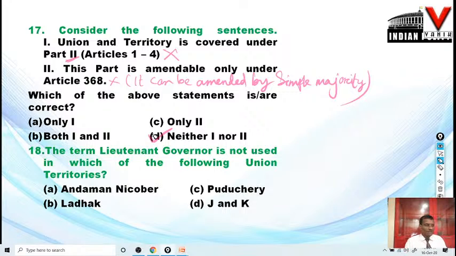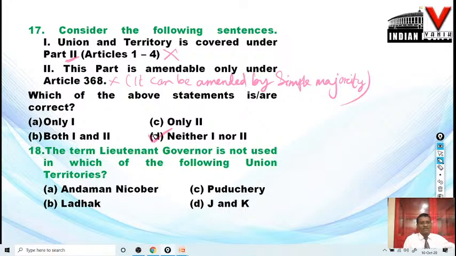The term lieutenant governor is not used in which of the following union territories? Lieutenant governor of Puducherry, Jammu and Kashmir is lieutenant governor. Andaman and Nicobar perhaps. It seems all of them use it.